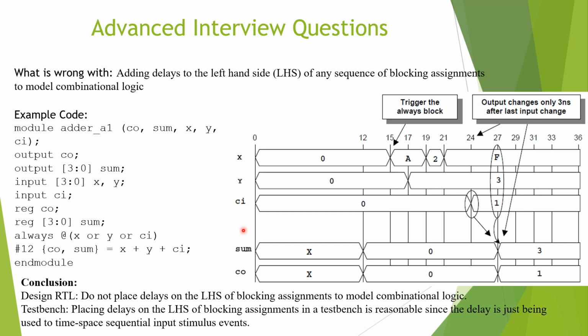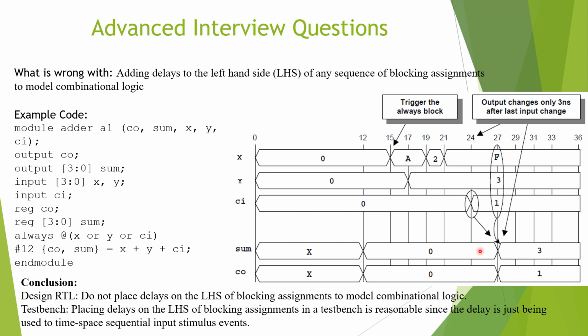If the input X changes at time 15, and then all of the inputs change during the next 9 nanoseconds, the outputs will be updated with the latest values of X, Y, and Ci. If you look at the output here, it got updated at 27, because there's a delay of 12 nanoseconds after the first input X change.